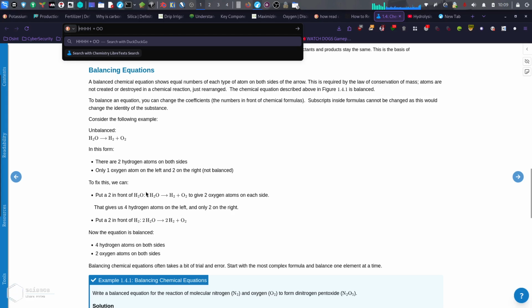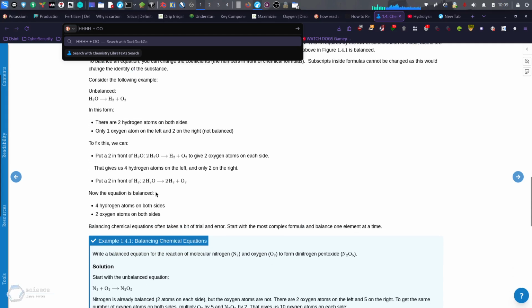We put 2, and this makes it balanced because there are 2 oxygens in here. We have 2 molecules. This means we have 4 hydrogen and 2 oxygens. The real formulation means 4 hydrogen and 2 oxygen.